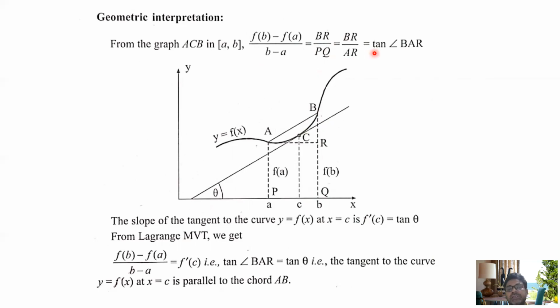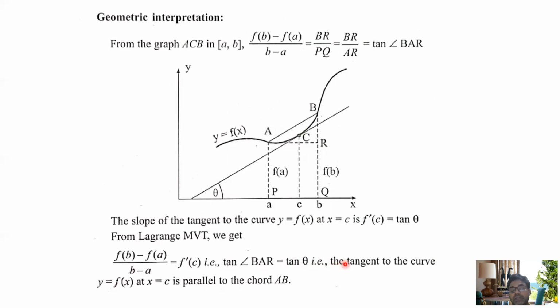BR by AR is equal to tan of angle BAR. The slope of the tangent to the curve y equals f(x) at x equals c is f dash c, equal to tan theta. So from the Lagrange mean value theorem, we get (f(b) minus f(a)) by (b minus a) equals f dash c. That means tan of BAR is equal to tan theta.